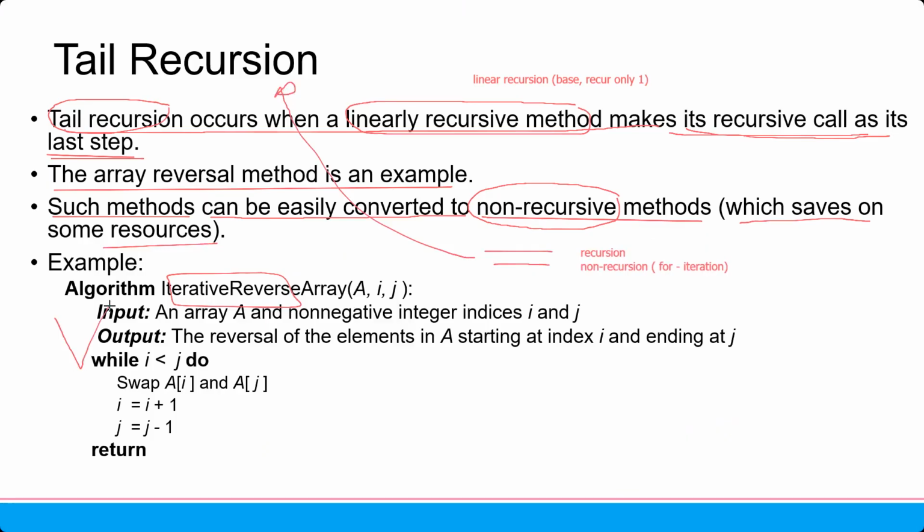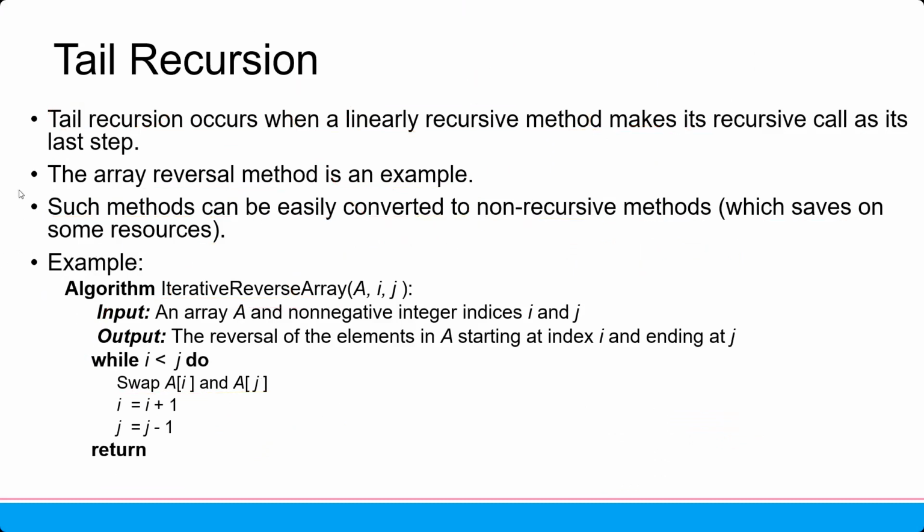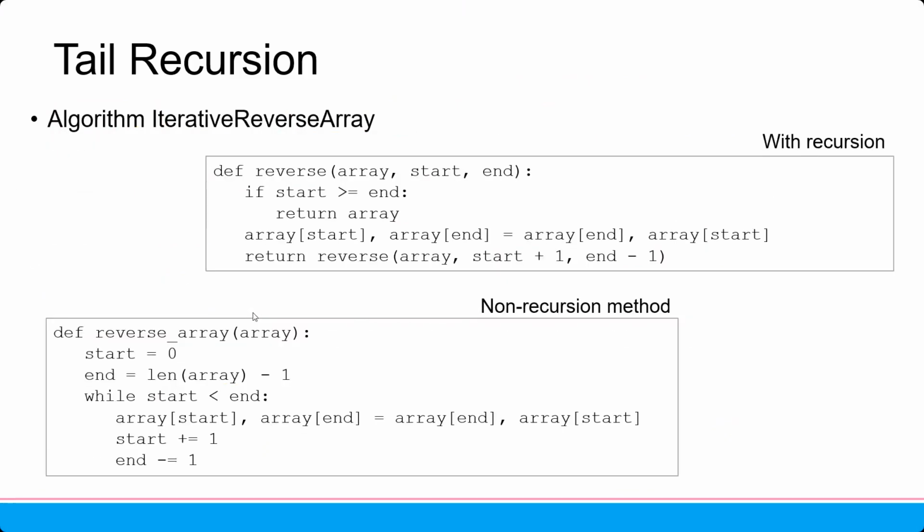One of the examples for the tail recursion is this one, the iterative reverse array, the swapping. So we swap the array, as we learned on Monday about this swap array. If you use the iterative reverse array with recursion, you can do it like this. If start is higher than or equal to n, return the array.